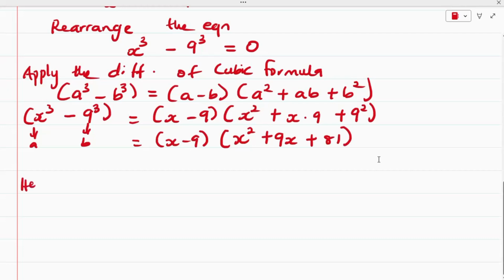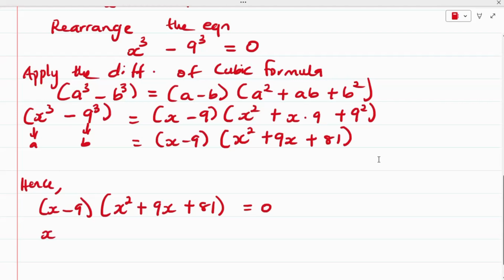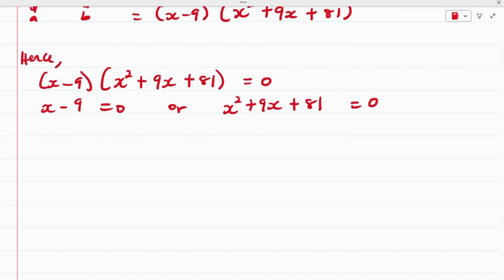So hence we have the equation x minus 9 into x squared plus 9x plus 81 is equal to 0. So from here we have that x minus 9 is equal to 0, or x squared plus 9x plus 81 is equal to 0. So from here we have x is equal to 0 plus 9, and x is equal to 9. So we can call this x1.